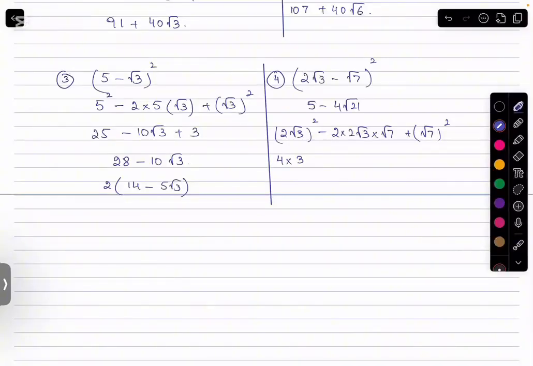And then this becomes a 4 root 21, and then this becomes a 7. So it should be a 12 minus 4 root 21 and then plus 7. So this is a 19 minus 4 root 21. So whose answer is correct?